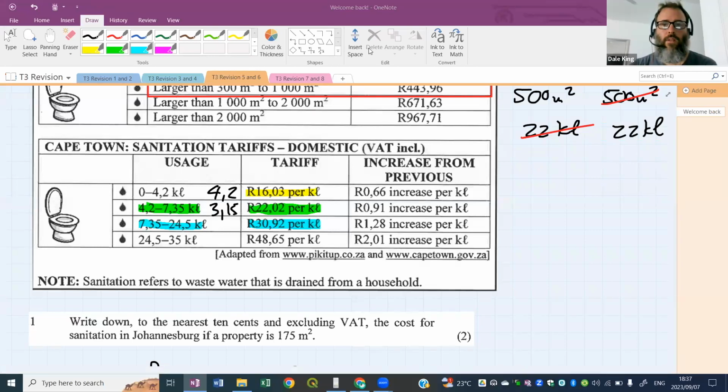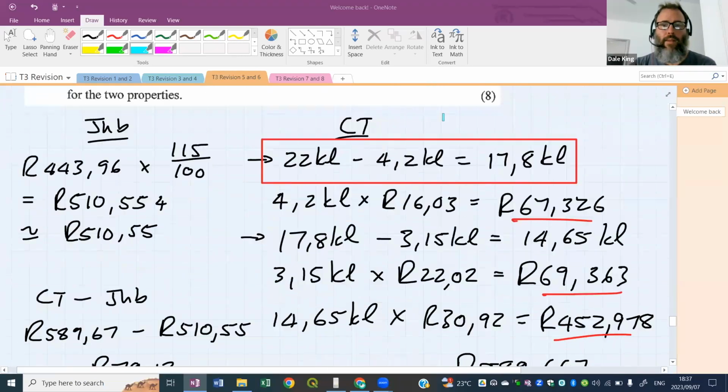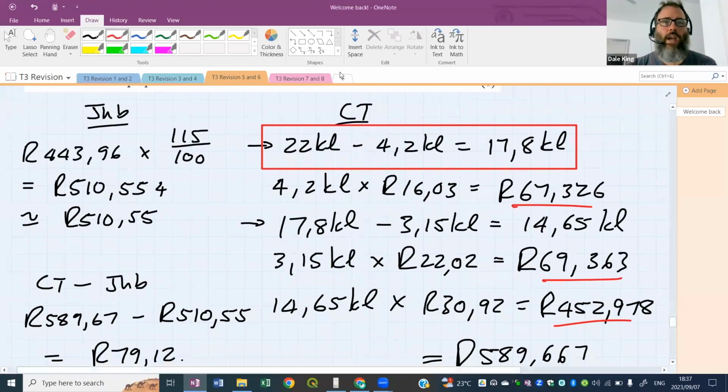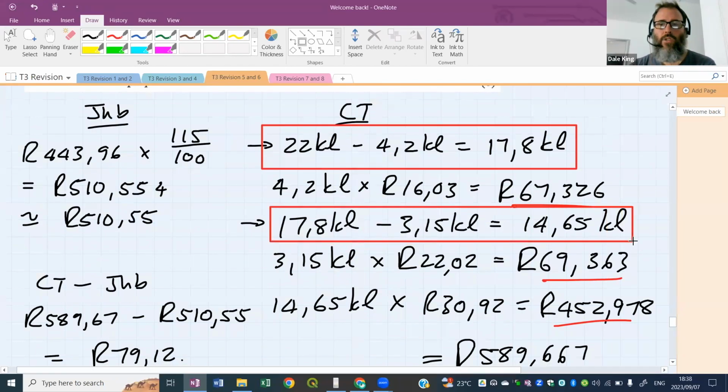Well, there we go. So I'm not going to go through the third bracket. I'm just worried about the first two. Okay. So my minusing here is keeping track of how much water I'm taking out for each bracket. You can see here, this 4.2 was charged at 16 Rand 3 at that point.